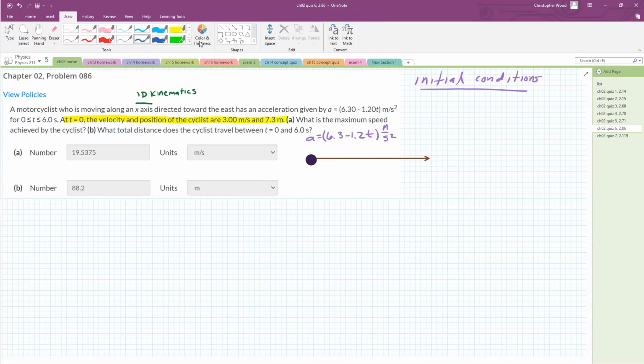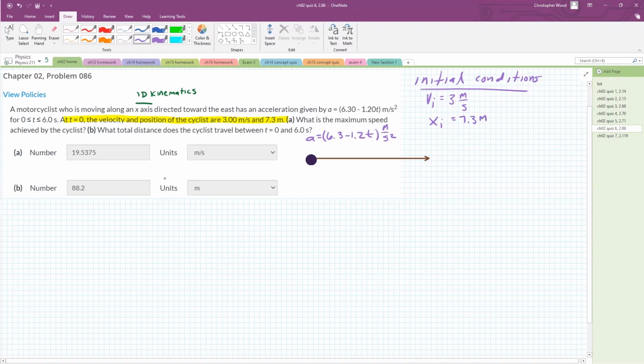Just take what's given to you and record it. So at time equals 0, my initial velocity is equal to 3 meters per second, and my initial position, x subscript i, is 7.3 meters.